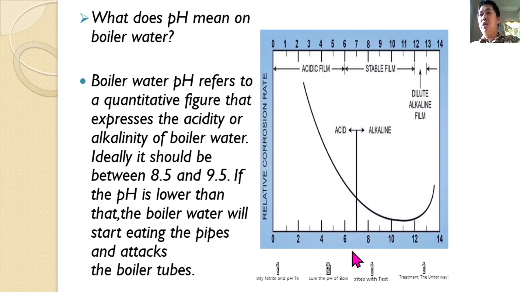So in here, 7 is neutral. From 0 to 6 is acidic and 8 to 14 is alkaline. So 0 to 6 is acid, 8 to 14 is alkaline, and 7 is neutral.